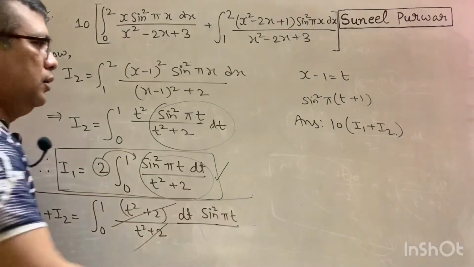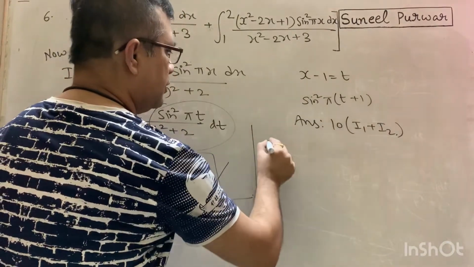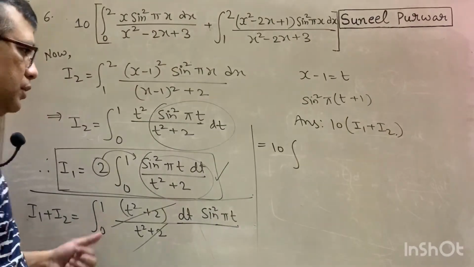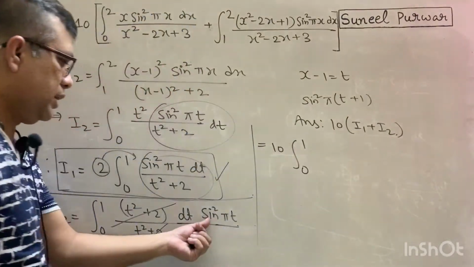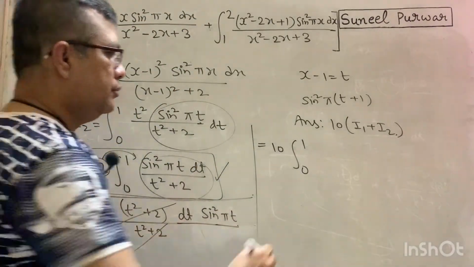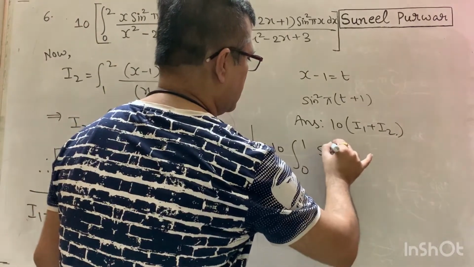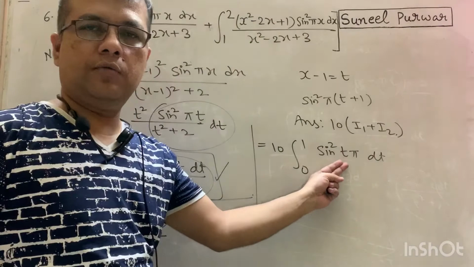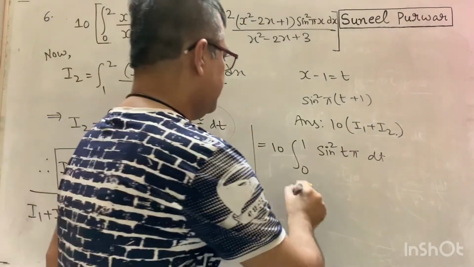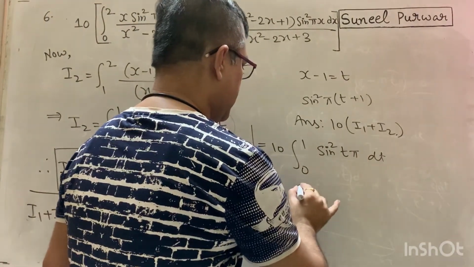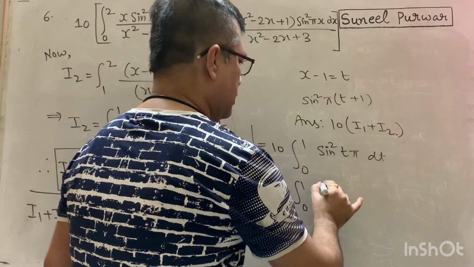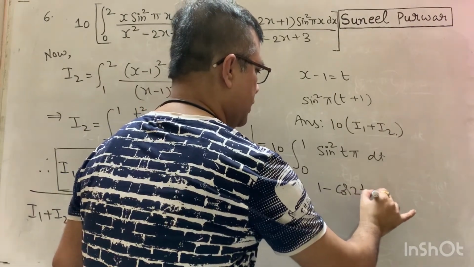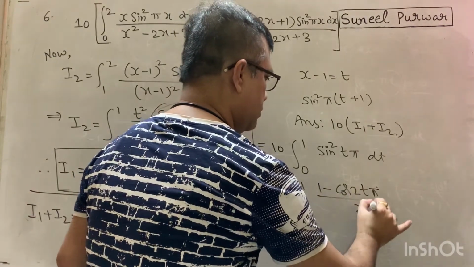So let's evaluate the answer value. 10 times integral 0 to 1 of sine square of t pi dt. This you can convert into cos 2 theta form. So 10 times integral 0 to 1 of 1 minus cos 2 t pi upon 2 dt.